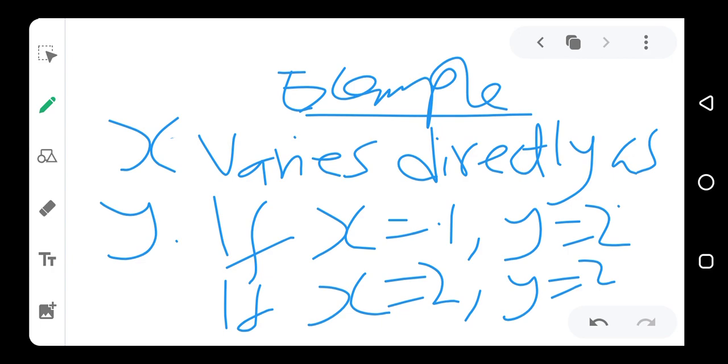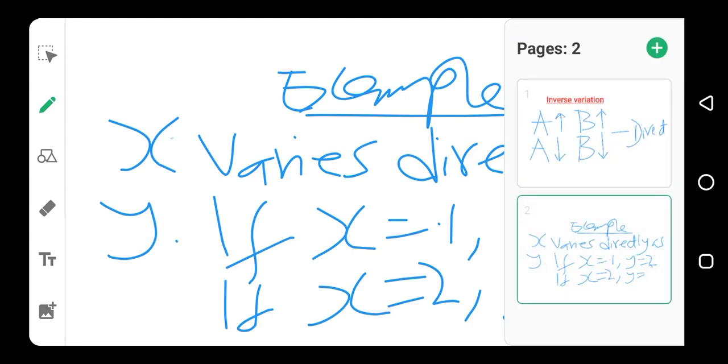What will be the value of Y? Now, to solve this, they have said that this is a direct variation, that X varies directly as Y.